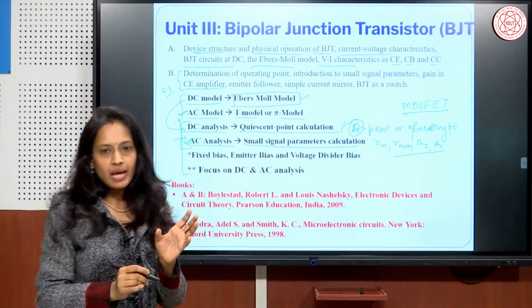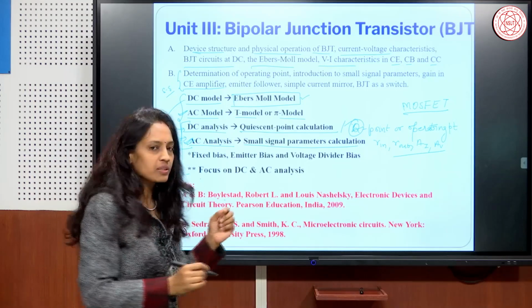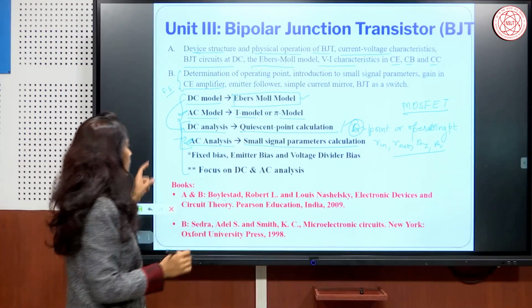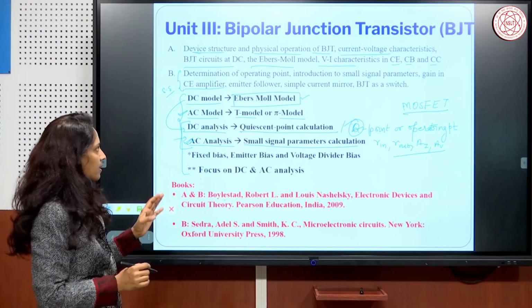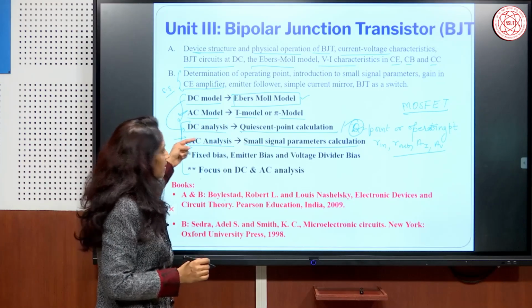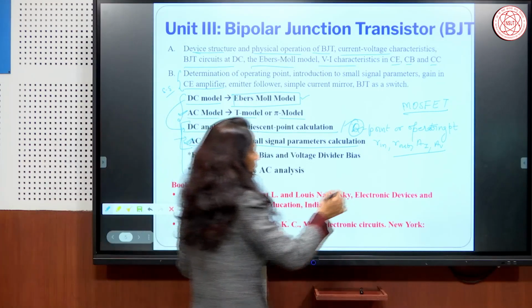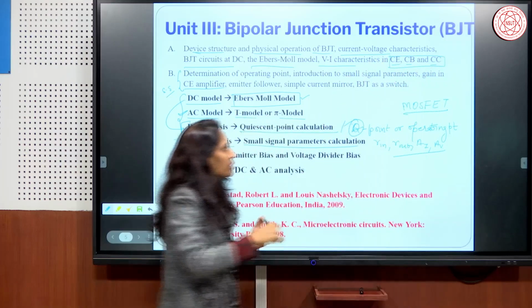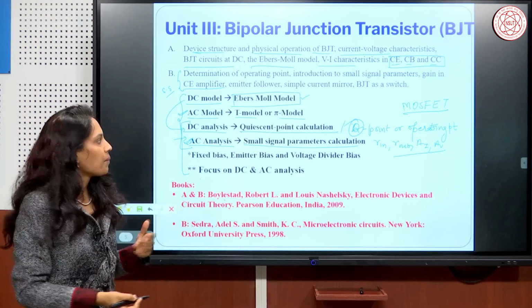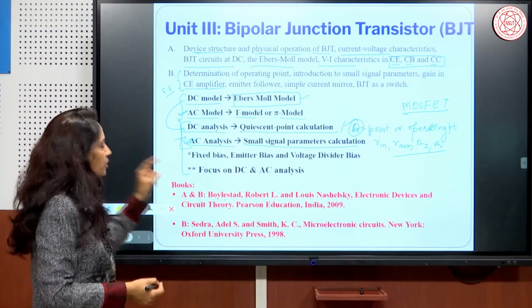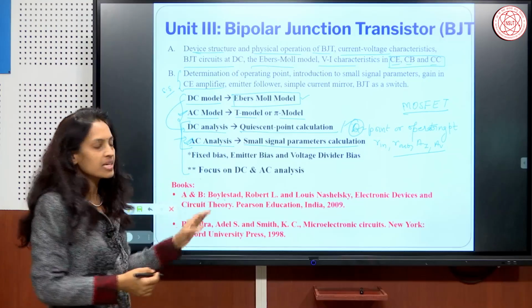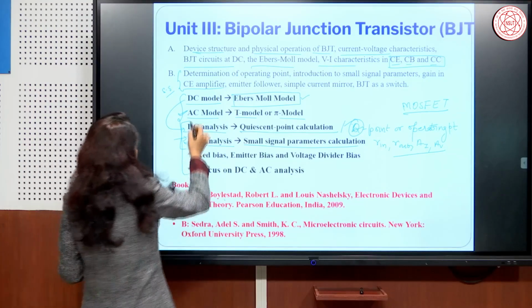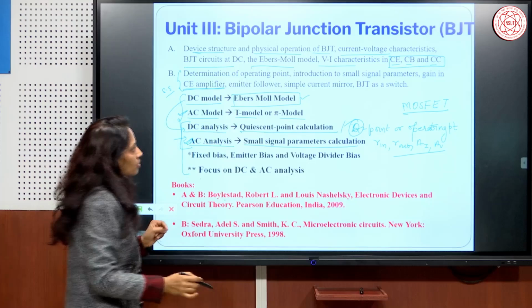For the common emitter amplifier, you should expect that small numericals can come, and you have to carry out DC as well as AC analysis. DC analysis can be asked in exam for any of these configurations: common emitter, common base, common collector. But AC analysis, because specifically common emitter amplifier has been mentioned, will be asked for the common emitter configuration only.